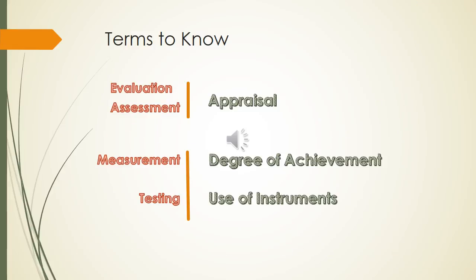So let's take those four words from the age of accountability, age of evaluation, and let's look at them. And these are certainly terms you should know and be able to work with. I've already said that evaluation and assessment are synonyms because they deal with appraising something.